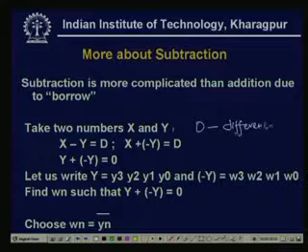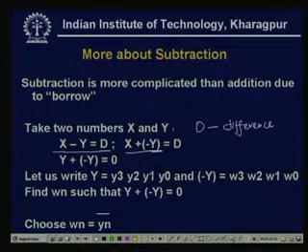Now, what will happen is that I can write the same expression x minus y equal to d as x plus minus y equal to d, as if instead of subtracting, I am doing addition of the negation of y.